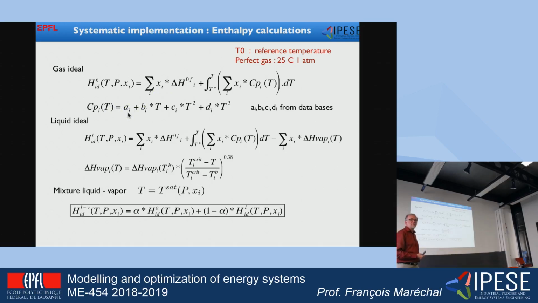And of course, if I have only A here, then we go back to what we know, that the enthalpy is calculated with respect to a reference. And sometimes the mechanical engineers make the wrong assumption of considering that 0 degrees C is the reference, and therefore they will write that the enthalpy is CpT. Okay, CpT means that T0 is equal to 0, meaning that the Cp is just a constant with respect to the temperature.